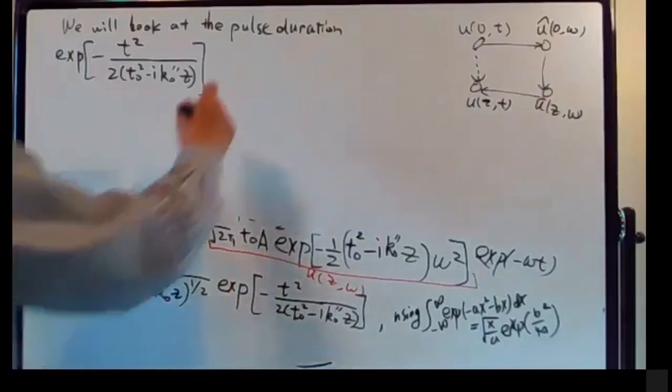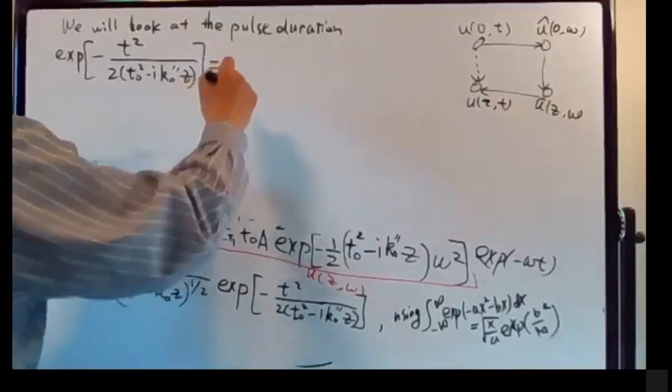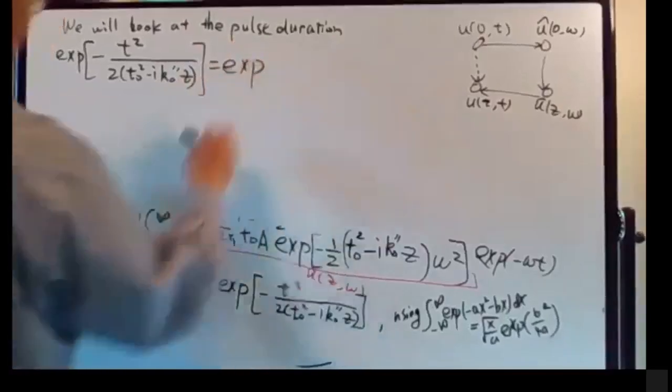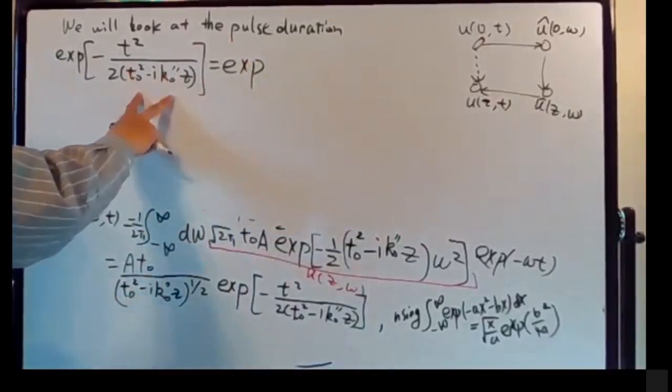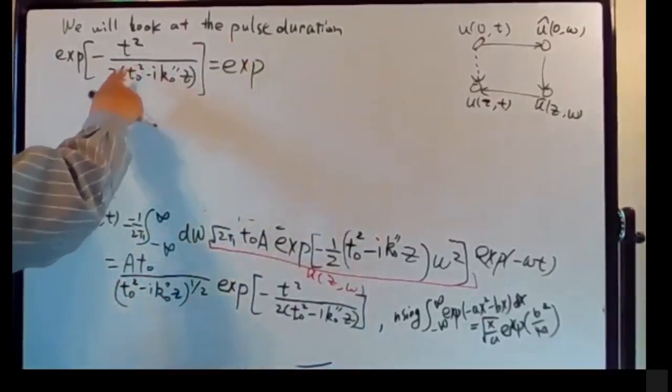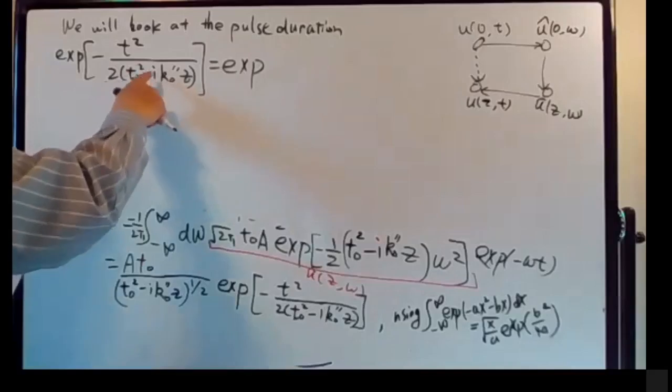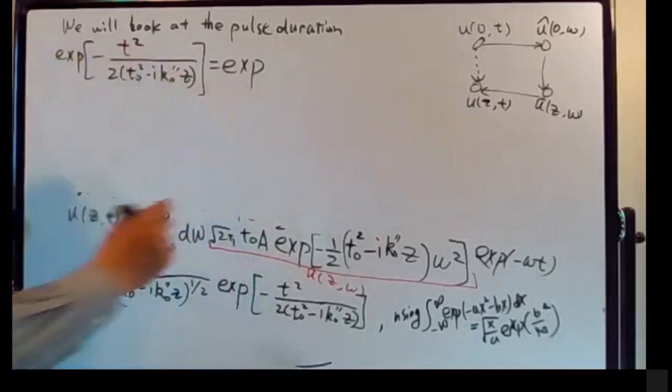Okay, so this will be exponential. In order to remove the complex number in the denominator, let's multiply by t naught squared plus i k naught double prime z, right?